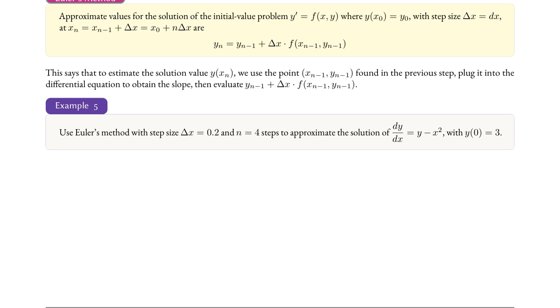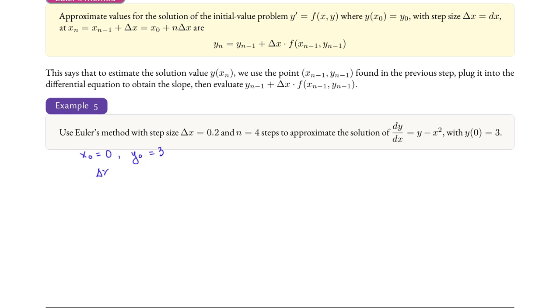For example, use Euler's method with step size delta x equals 0.2 and n equals 4 steps to approximate the solution of the differential equation dy/dx equals y minus x squared with the initial value x equals 0, y equals 3. We see that x naught is 0, y naught is 3.